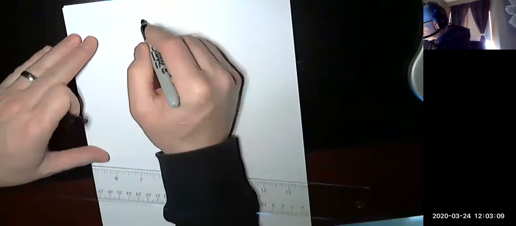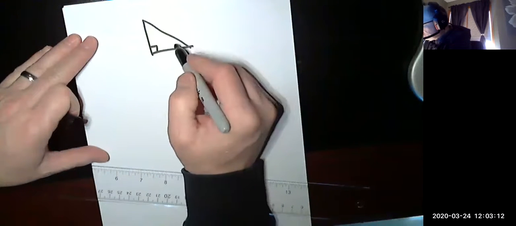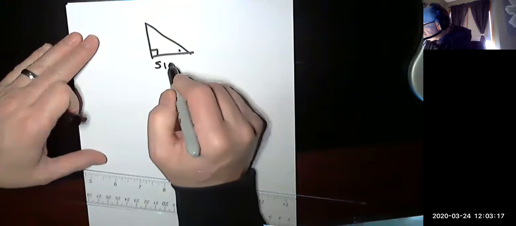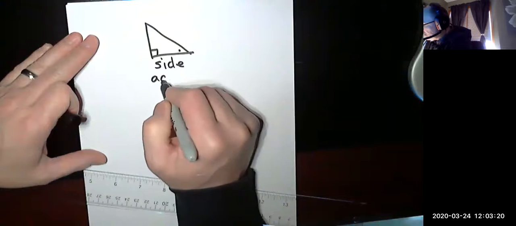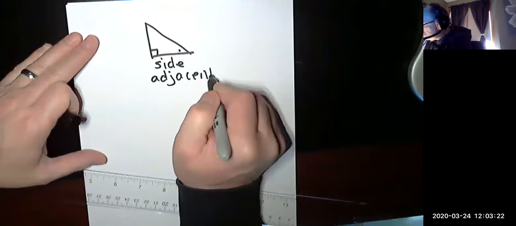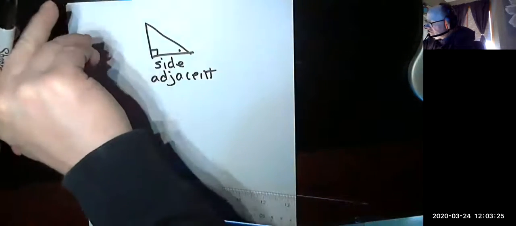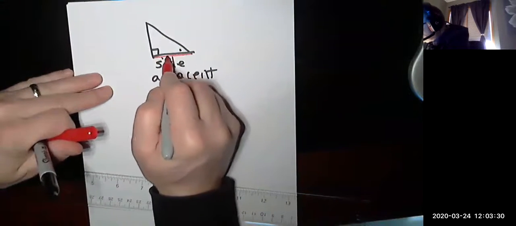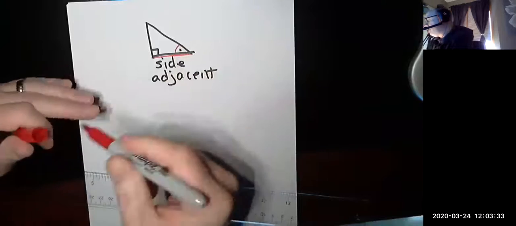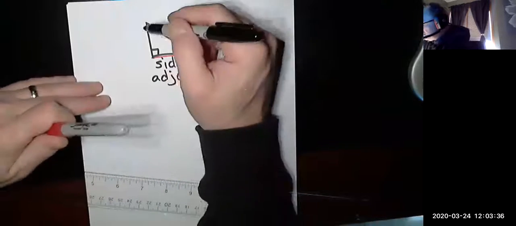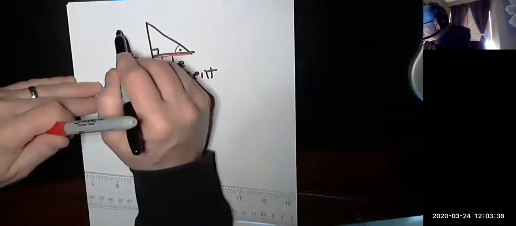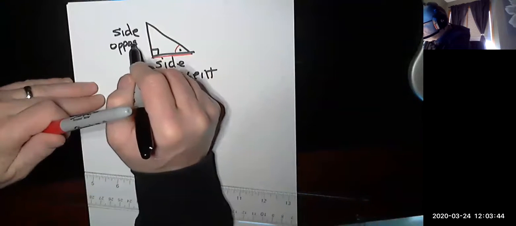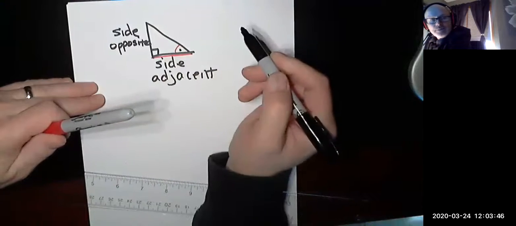triangles. So on any right angle triangle, if we're talking about this angle right there, we call this side the side adjacent. And what that indicates is this line. We're calling this line the side adjacent to this angle. This line right here now becomes the side opposite.